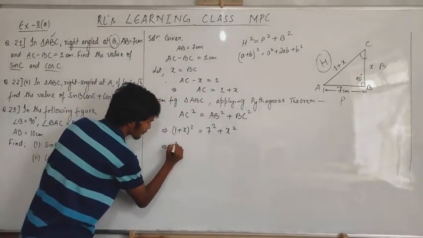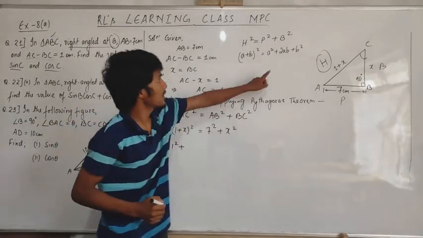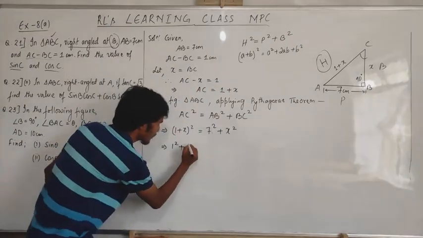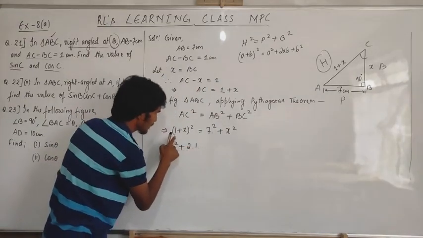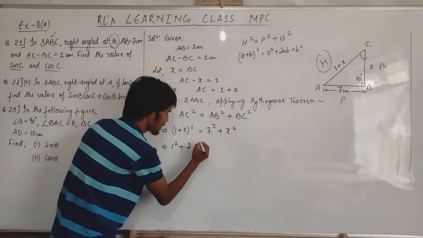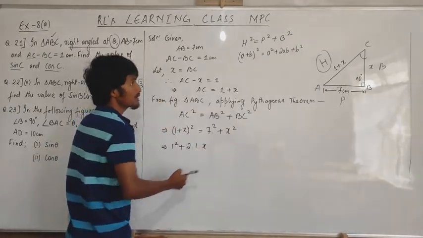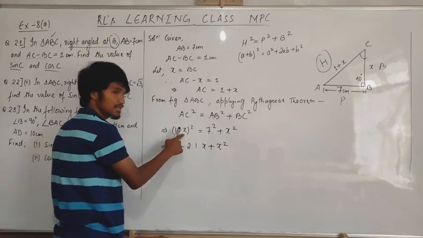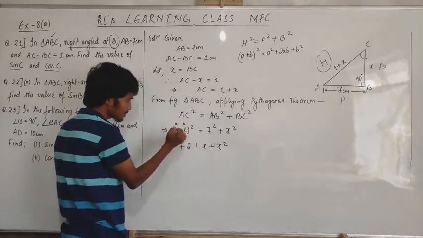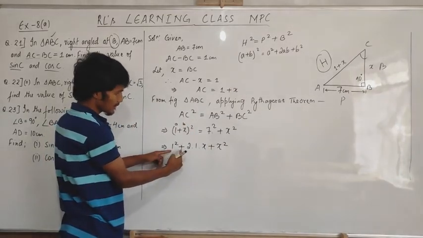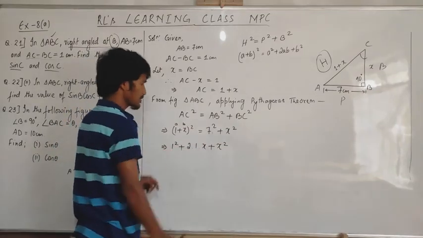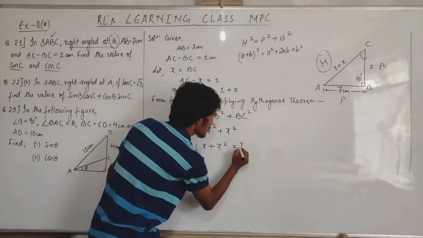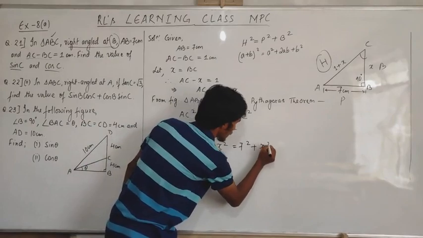Then I'll write here a square plus twice ab, where a here will be 1 and b here will be x, then plus b square, because here b is x. Then here I have a square plus twice ab plus b square, equal to 7 square plus x square.